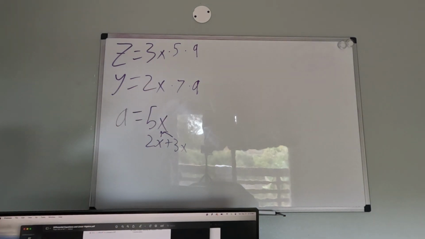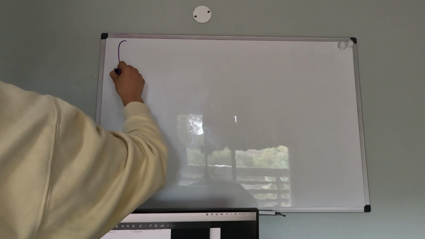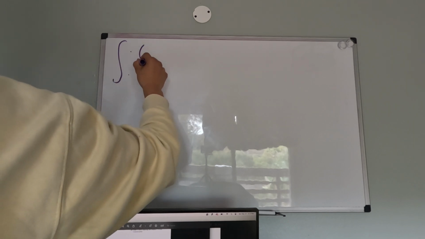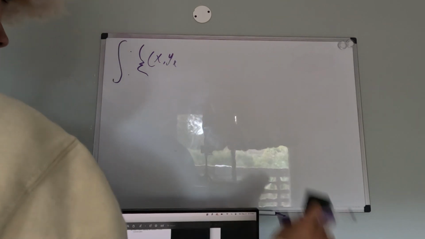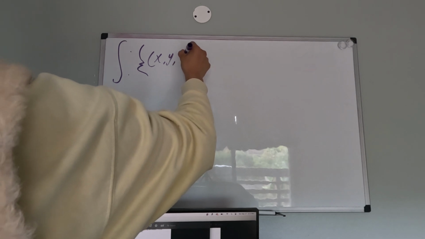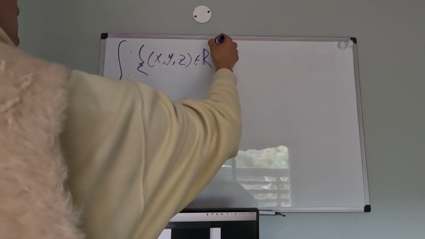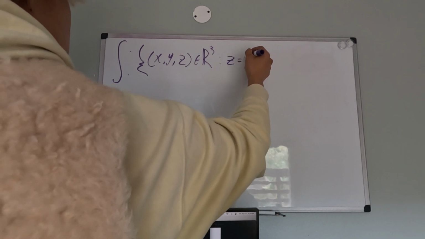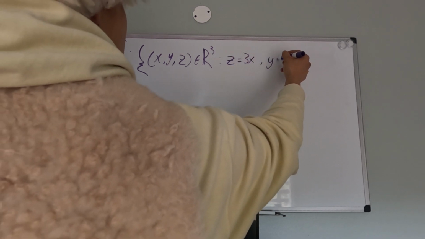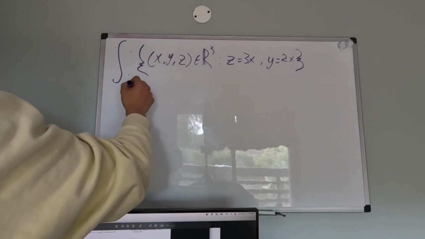So in that case, this is a subspace. The set notation for this subspace is all vectors x, y, z in R3 such that z equals 3x and y equals 2x. And then you would also say yes.